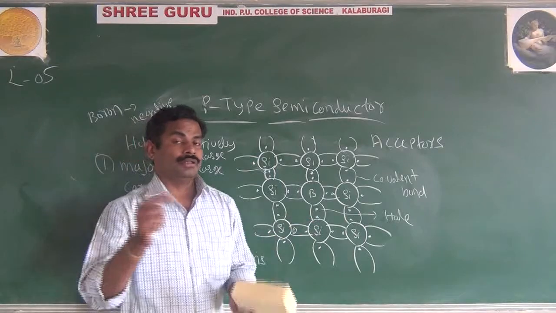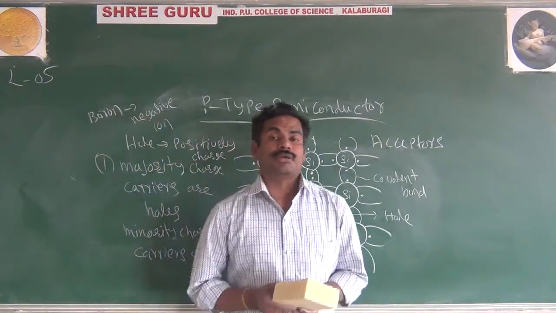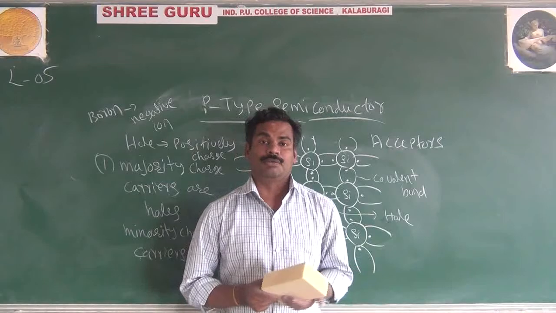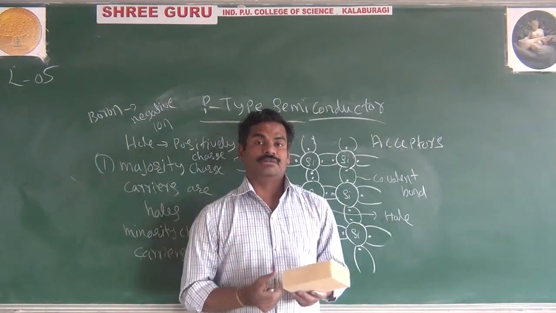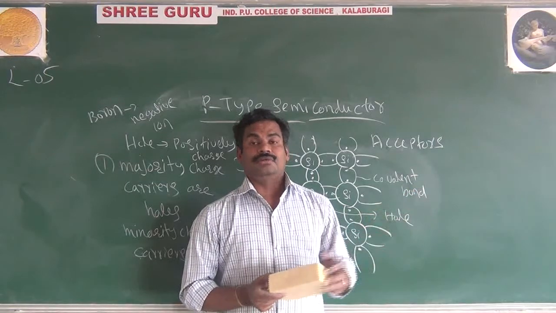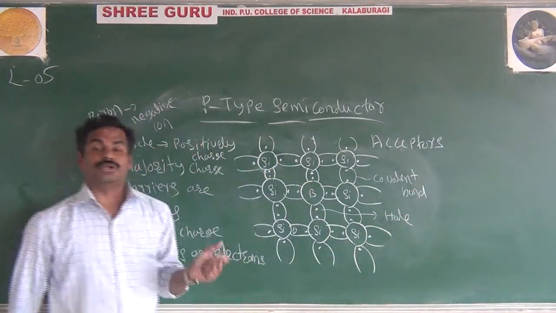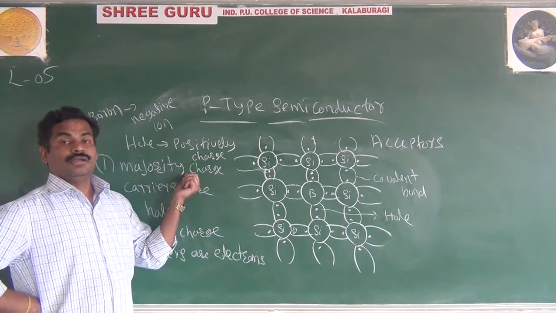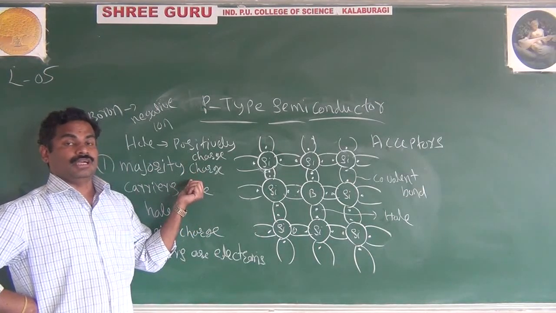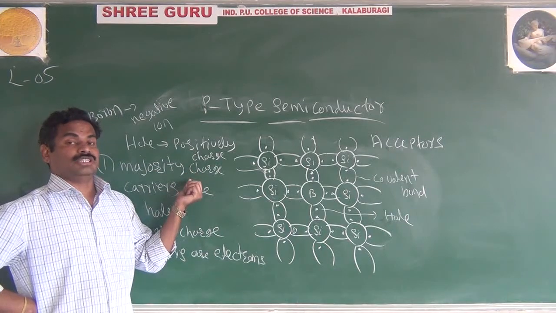And whenever we are adding trivalent impurities, especially boron or aluminum, that added impurity will act as an immobile ion, totally bound to the nucleus. It is not used in the conduction of current. The immobile ion is of no use in the conduction of current.